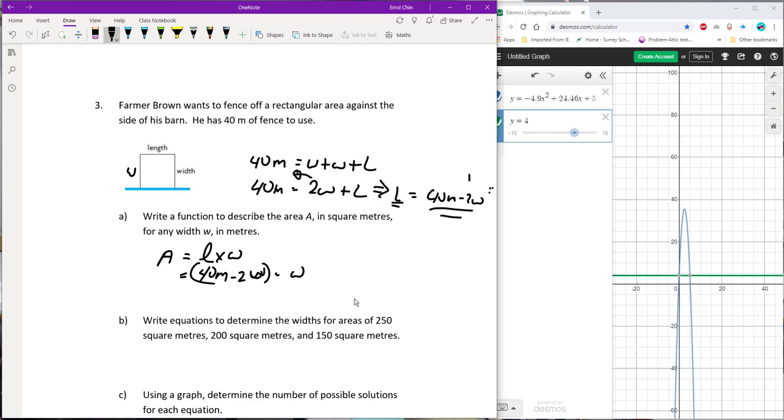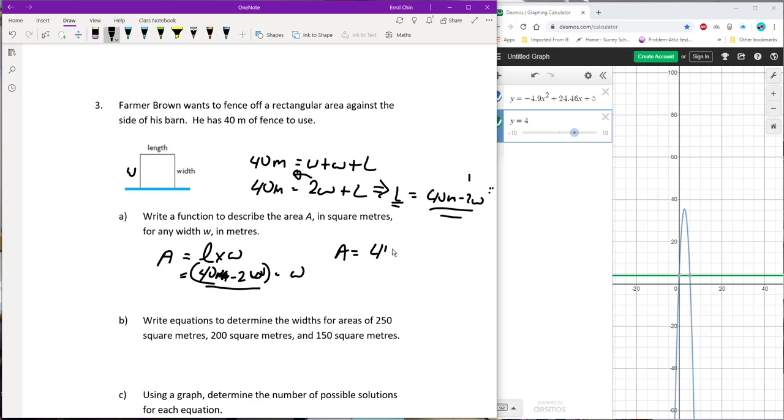And again, I apologize for my handwriting. It says here, write an equation to determine the width of an area of 250 square meters, 200 square meters, and 150 square meters. Well, now we know that area is really, if I were to multiply this out, 40 meters minus 2W times W. I shouldn't say 40 meters, it's just the number 40, okay?